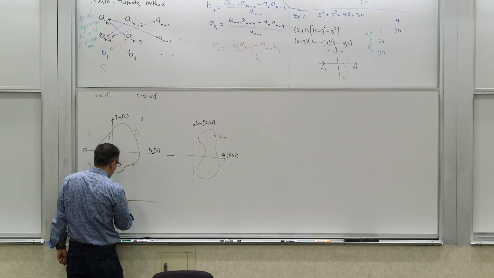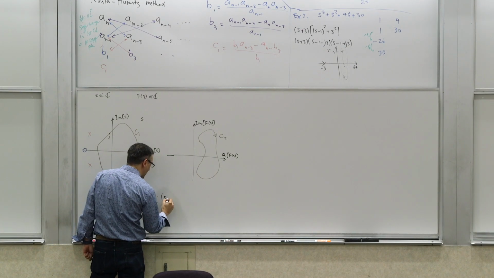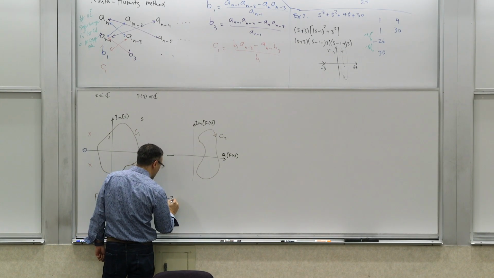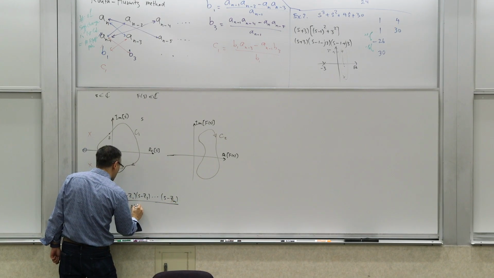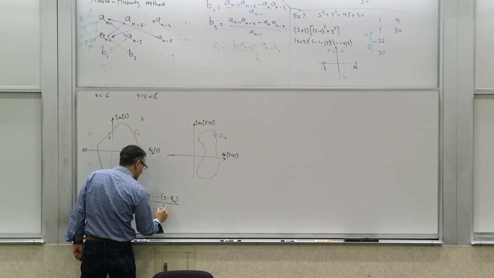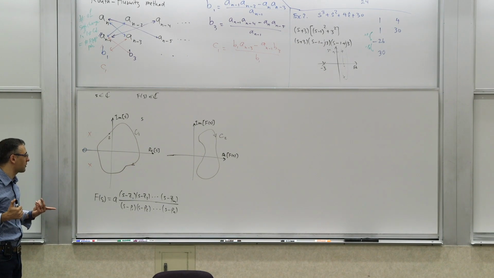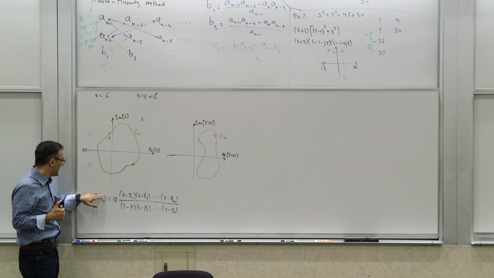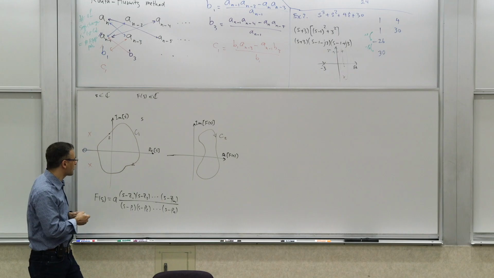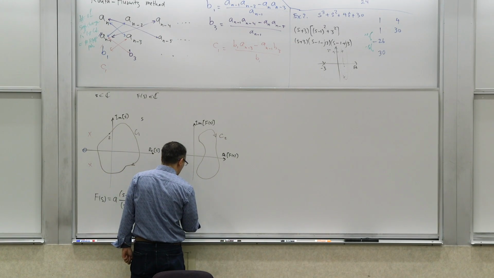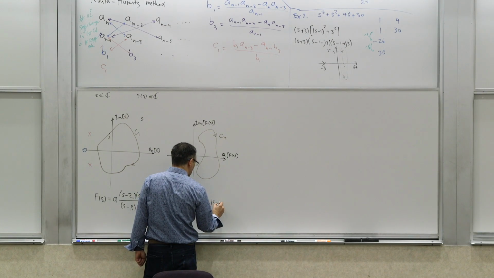We can write it as A times s minus z1, s minus z2, up to s minus zm, and then you have s minus p1, s minus p2, all the way to s minus pn. Now, if you can write it in this form, what are its phase and amplitude? You can also write this as magnitude of A, magnitude of s minus z1, magnitude of s minus z2.